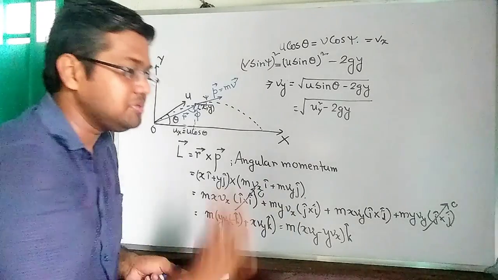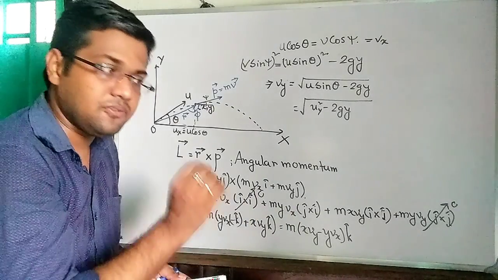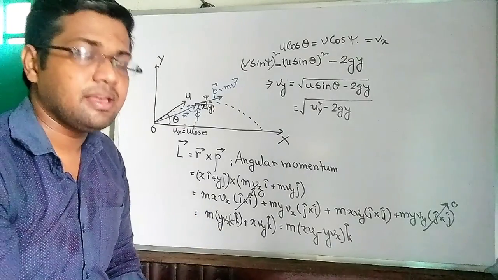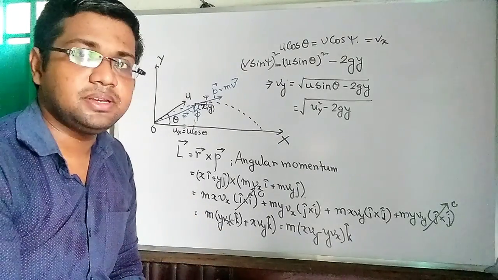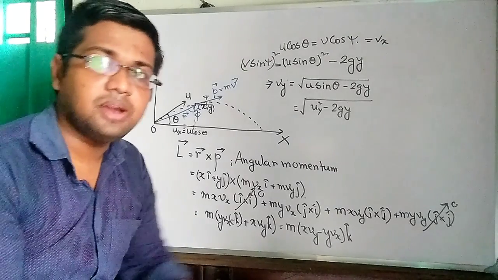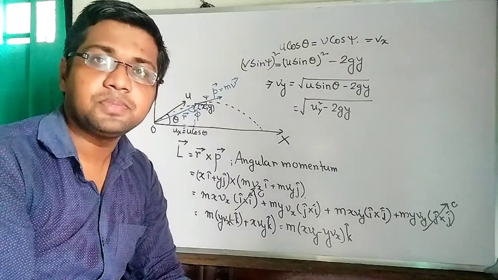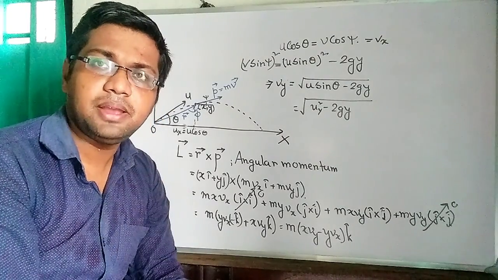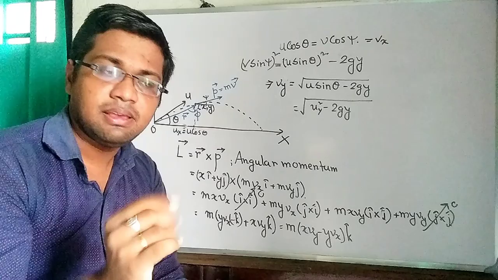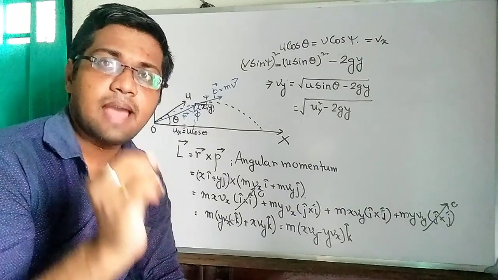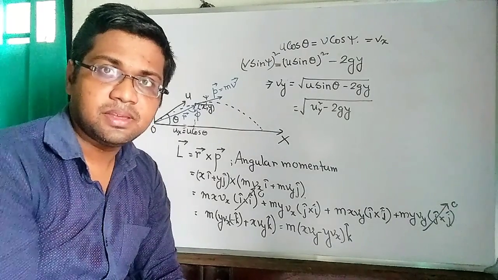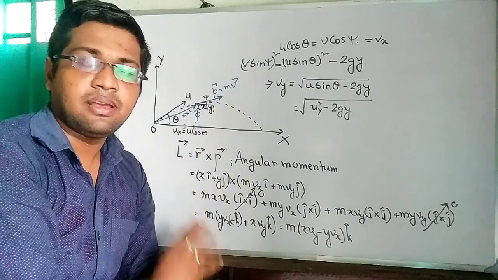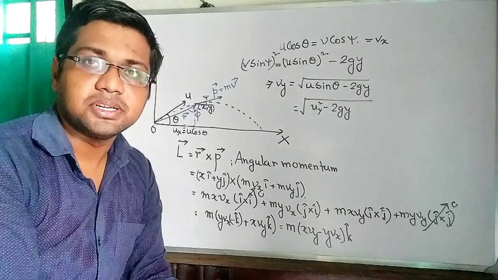So we can substitute in these equations and find the angular momentum. At any point, for initial conditions, we need to know the coordinate at which we want to find it, the initial velocity and the angle of projection. Then we can find the angular momentum at any point on the trajectory of the projectile.